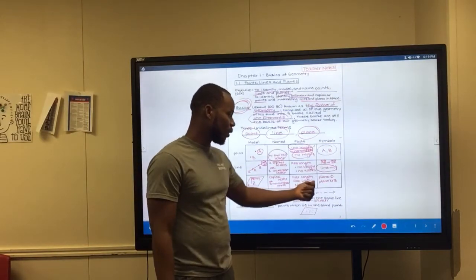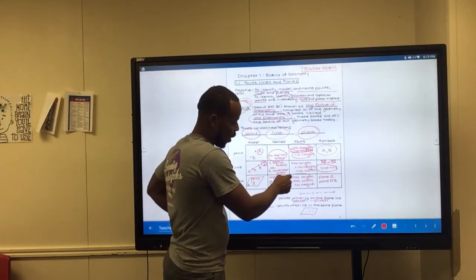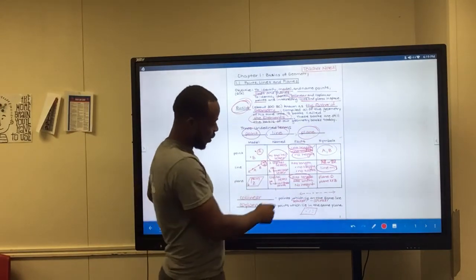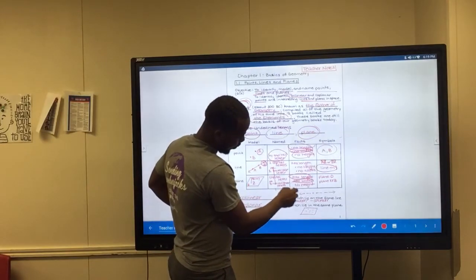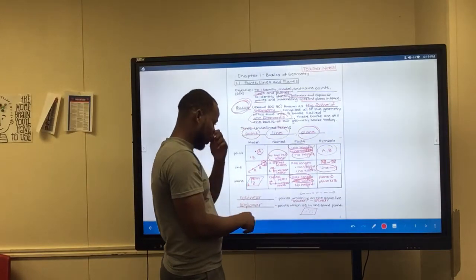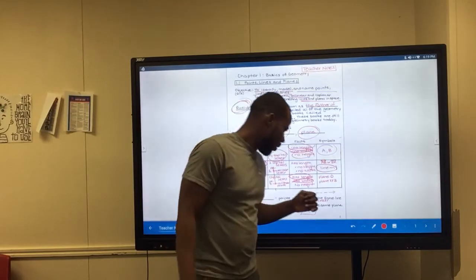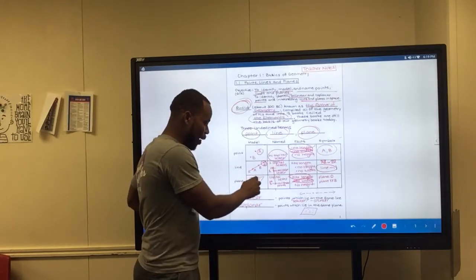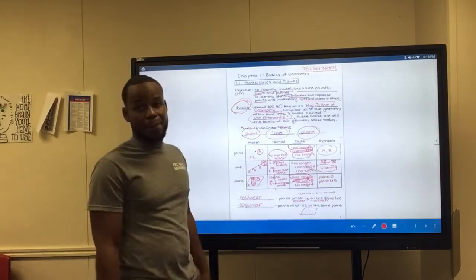A plane has length and width, but it has no height. Then we name it plane XYZ. We are naming it by the points X, Y, Z.